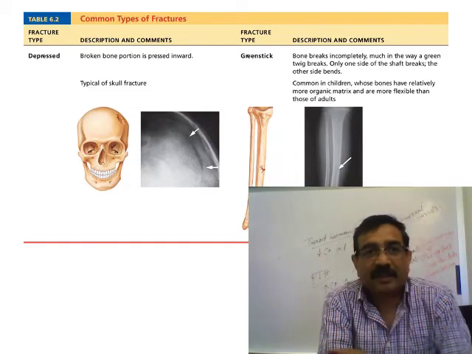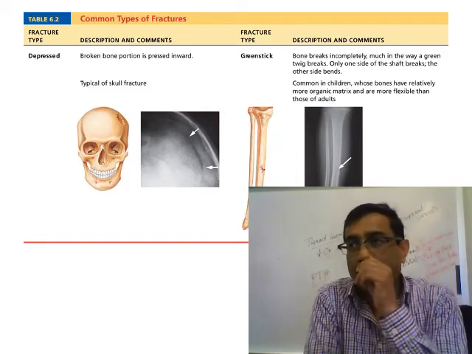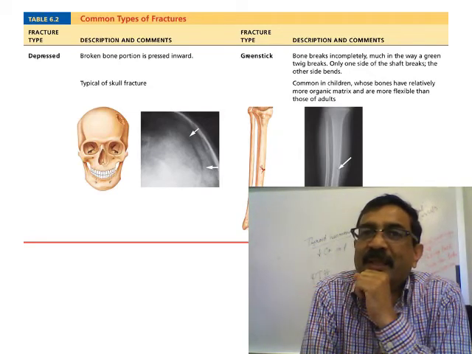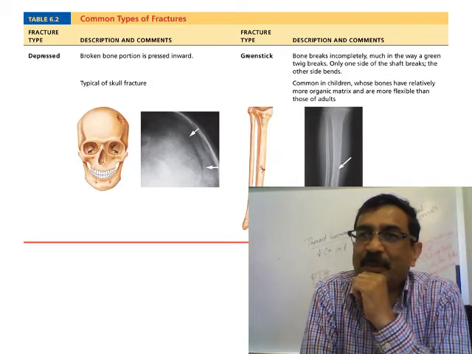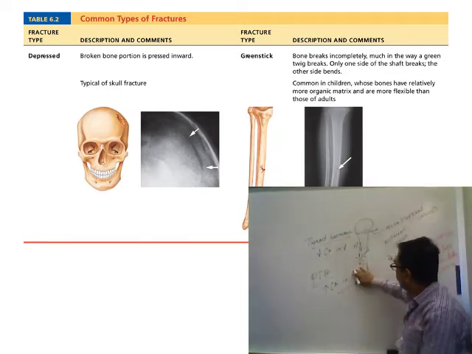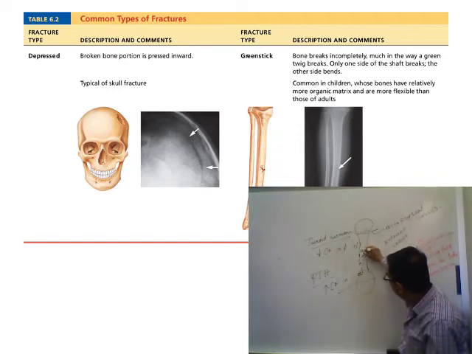Greenstick type fracture usually happens in young children. When the fracture occurs, we see an incomplete fracture. That means the bone is not completely divided. It's a partial fracture, and interestingly, from the main fracture we see branching, like this.